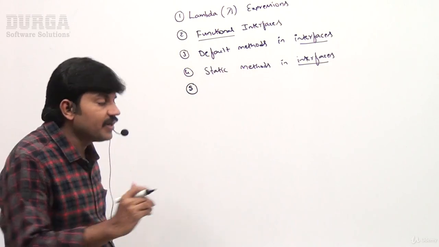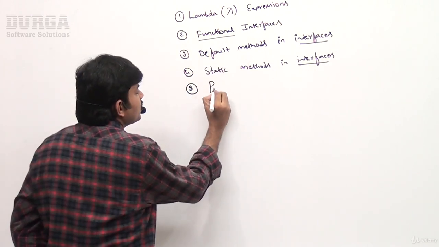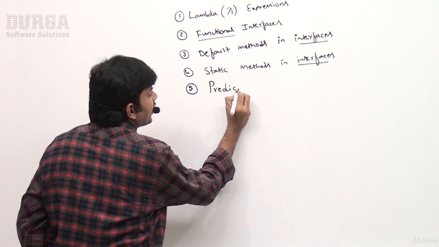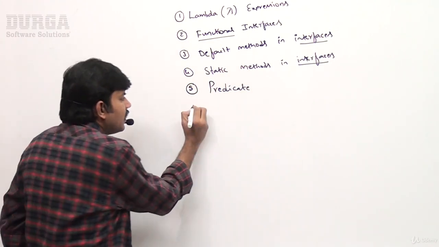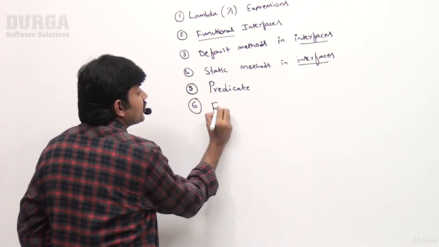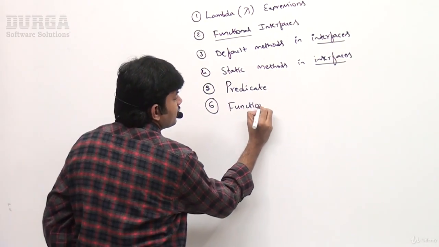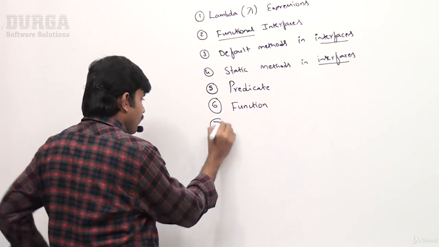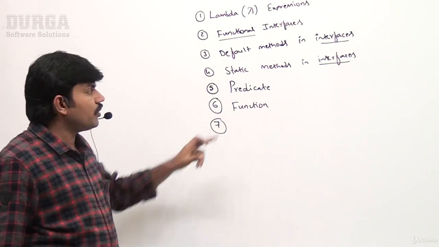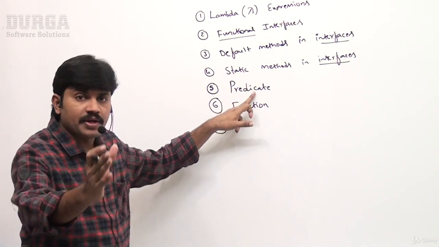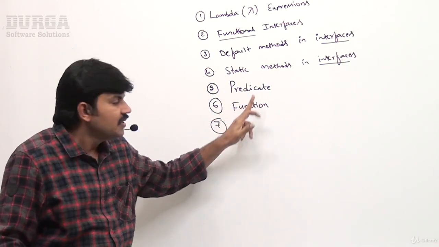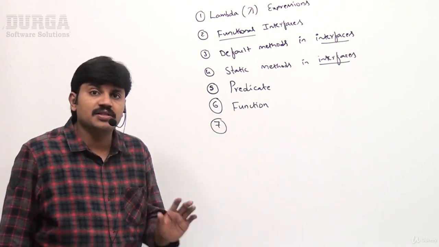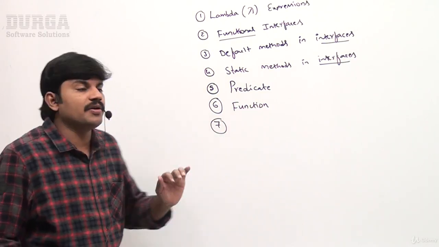The standard predefined functional interfaces: the first one is Predicate, the second one is Function. Predicate is a predefined functional interface, and similarly Function is also a predefined functional interface.